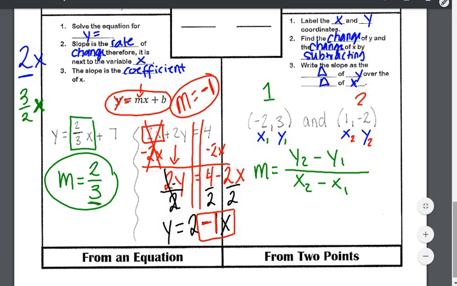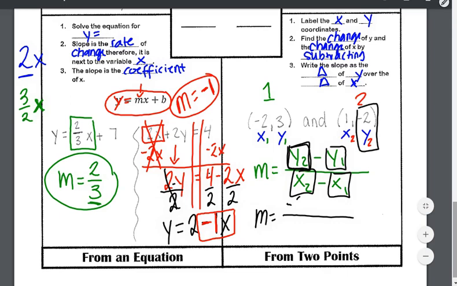Now we just replace the letters of our equation with numbers, and then subtract. So y2 is right there, -2, minus y1, which is right here, 3, over x2, which is right there, 1, minus x1, which is -2.